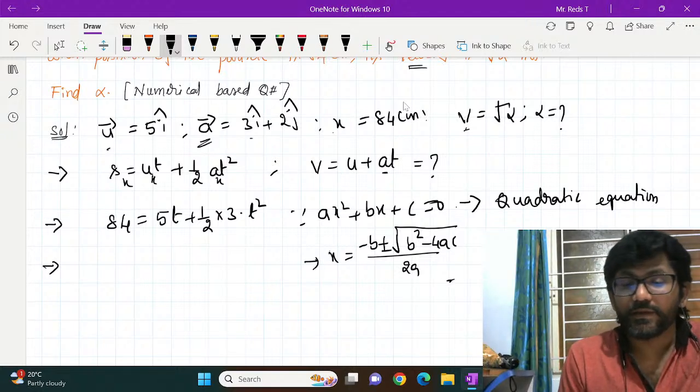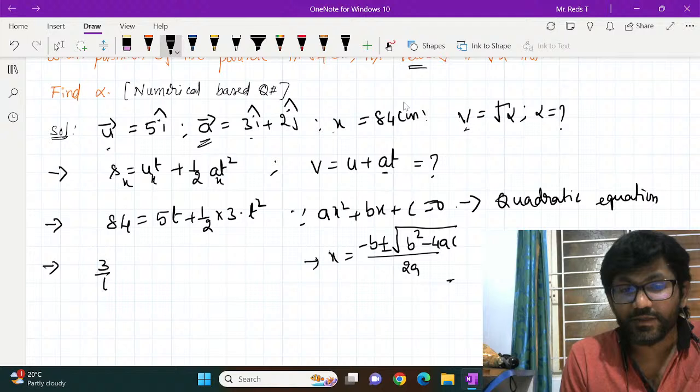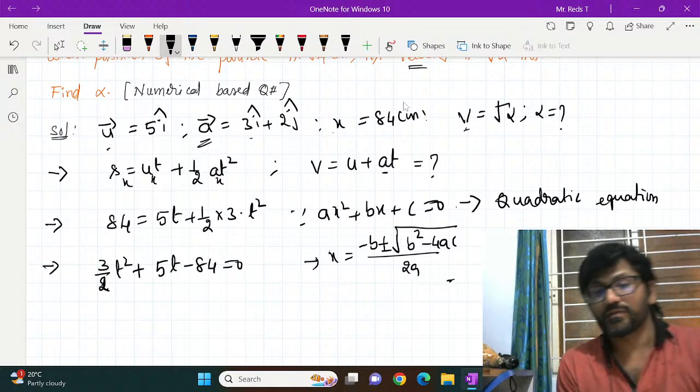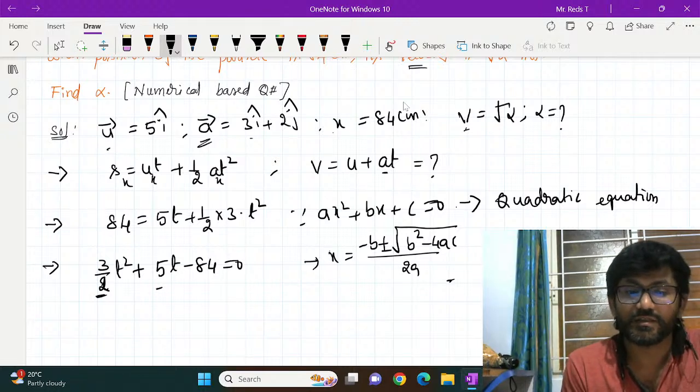Here, if you substitute the values by rewriting this, it implies 3 by 2 t square plus 5t minus 84 is equal to 0. It is in the quadratic equation form ax square plus bx plus c. This is a, this is b, this is c.